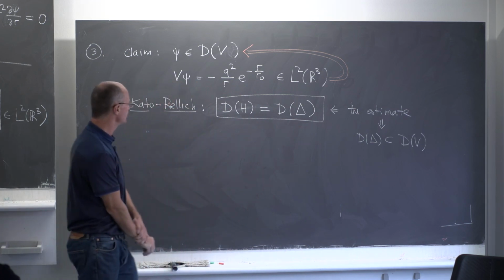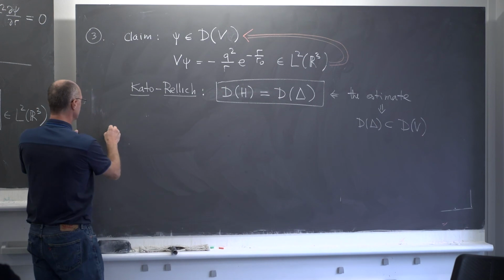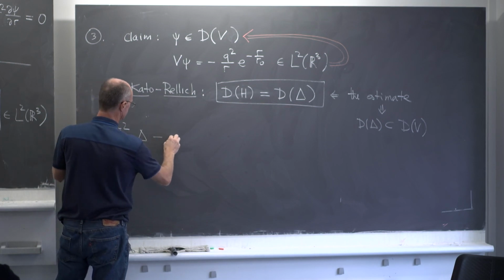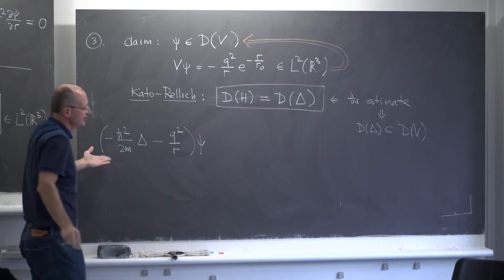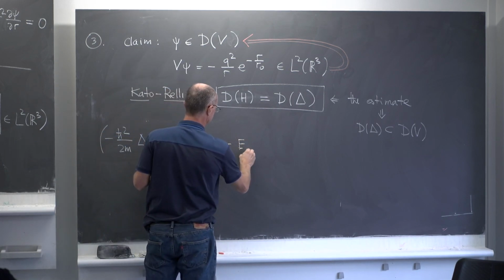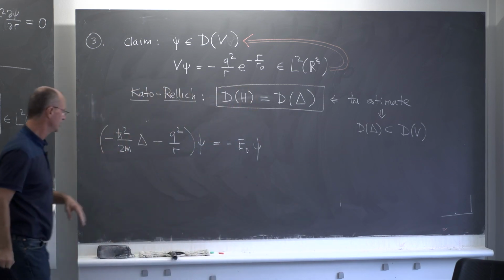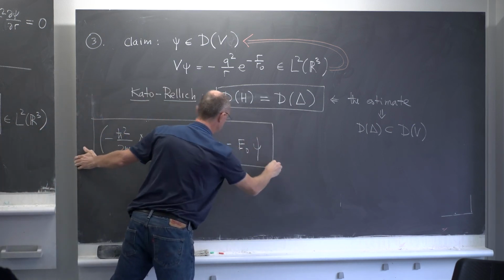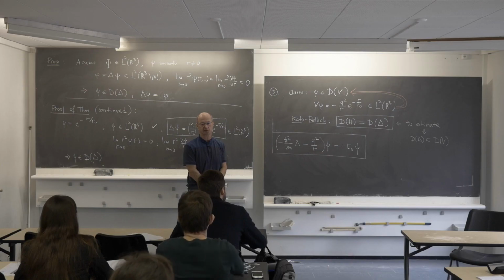So therefore, the last step would be to say minus q squared over r acting on psi. This is just a naive calculation that we have done before. And this is equal to minus E naught psi. And now this is an equality for the action of this complicated self-adjoint operator on our function in its domain of definition. So it's a true eigenvalue, it's a true eigenfunction.